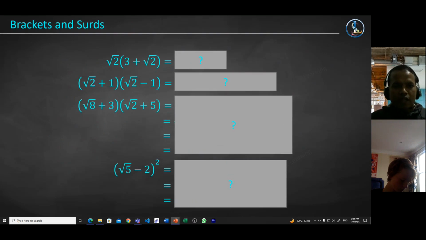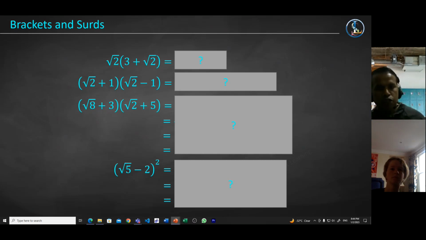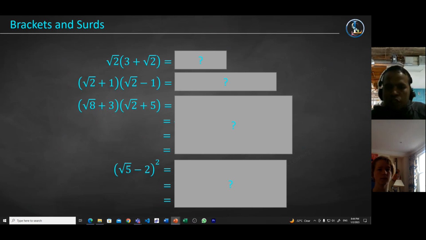Now let's see what happens if there is a bracket. How are you going to break it down? You have to write it in simplest form. Let's start with the first one. Since a bracket means multiplication, to simplify it you are going to expand the bracket.